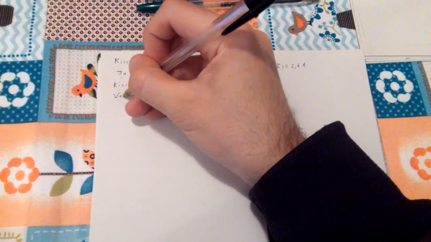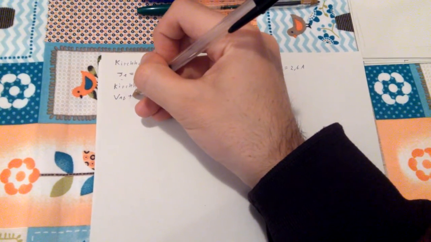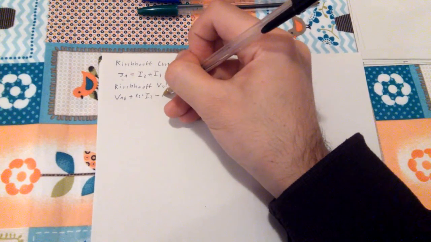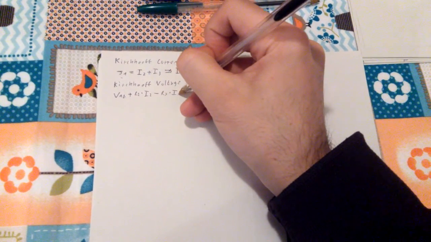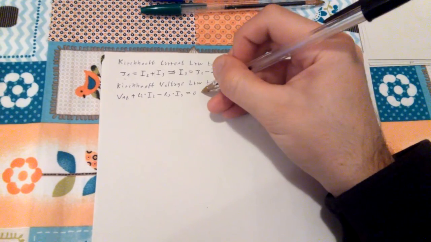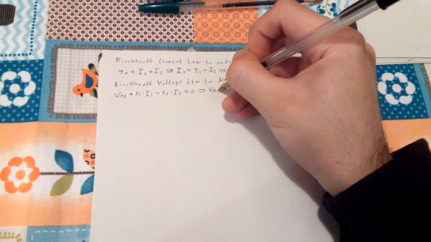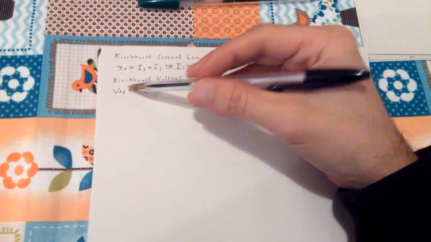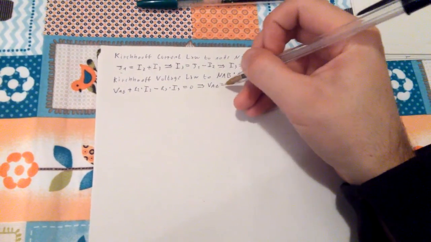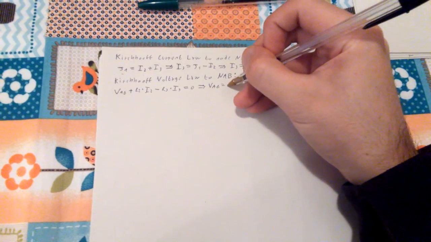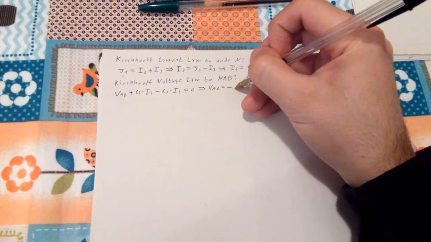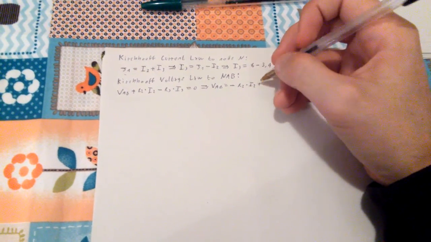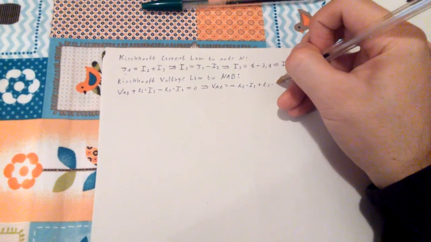As I said, VAB plus R2 times I2 minus R3 times I3 is equal to 0. I'm going to rewrite everything in terms of VAB by bringing the others to the opposite side: VAB equals minus R2 times I2 plus R3 times I3.